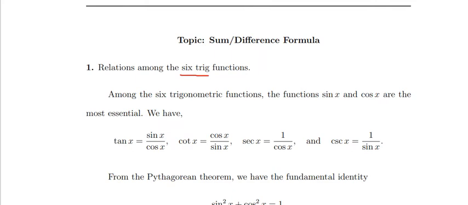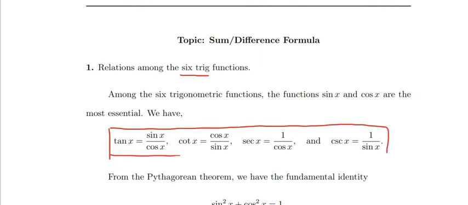Basically, the most important are sine and cosine, because all the others can be written in terms of sine and cosine. Tangent equals sine over cosine, cotangent equals cosine over sine, secant is 1 over cosine, and cosecant is 1 over sine. So from here we can write all six trigonometric functions in terms of sine and cosine.